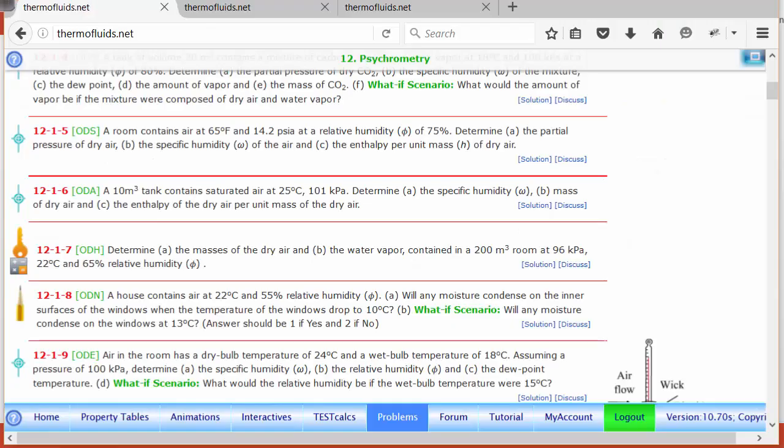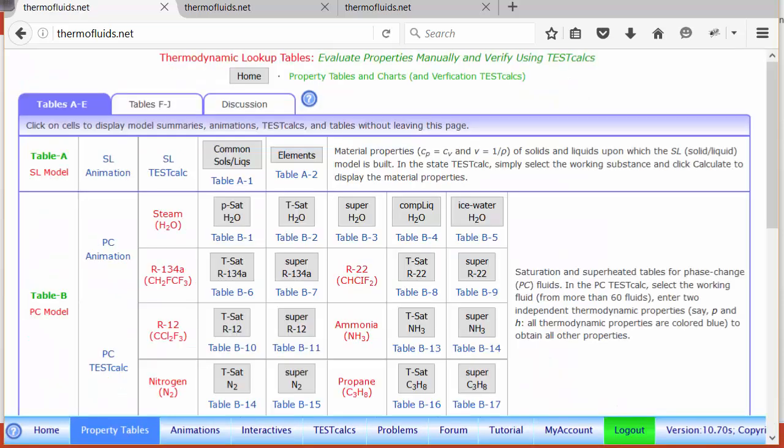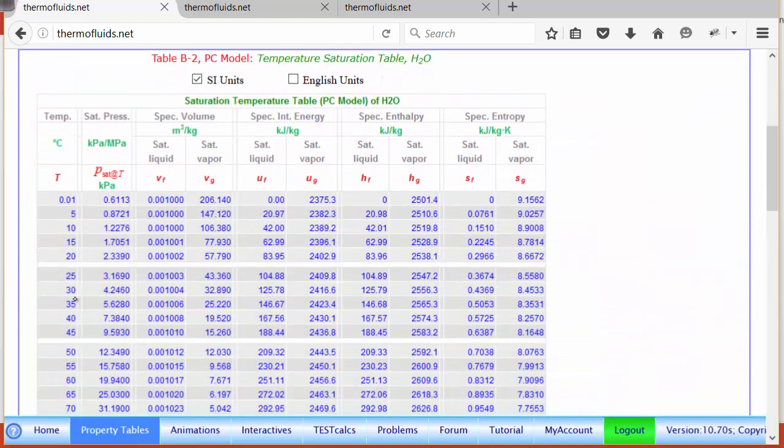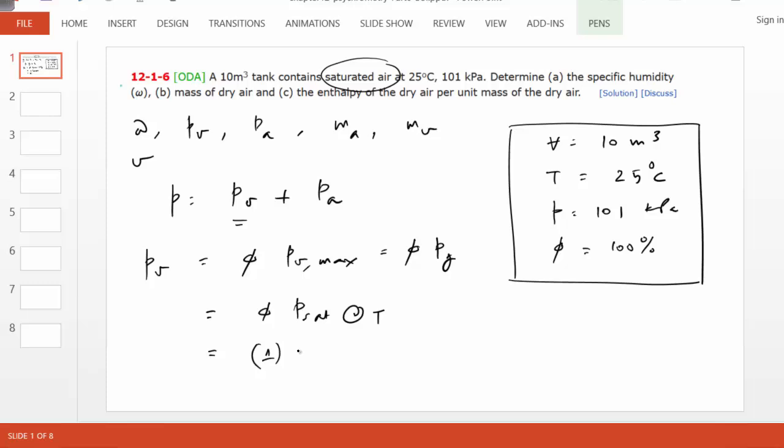So we go to property tables, and to find the saturation pressure from a given temperature, we go to the temperature saturation table. At 25 it is 3.169 or 3.2 kPa. So we found PV.